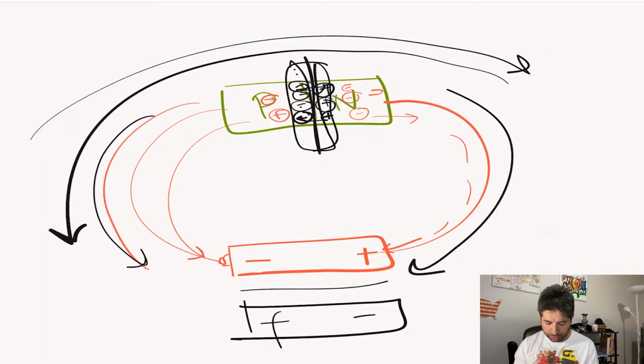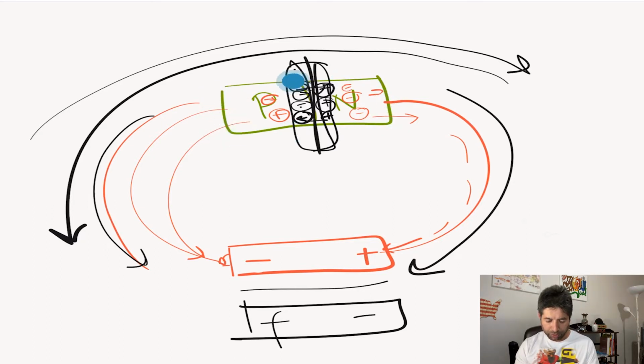If you look at this picture, this is what I have from the last episode. You see the diode here.